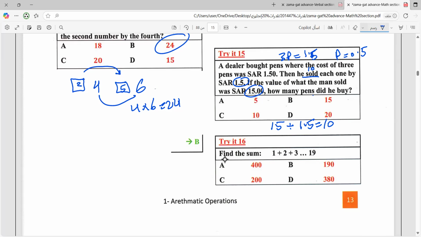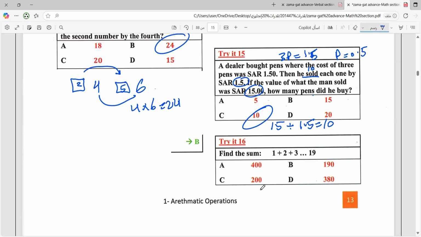Wait, my student. 15, try it, 15. The answer is 10. Correct.